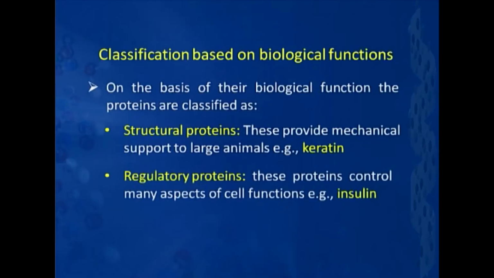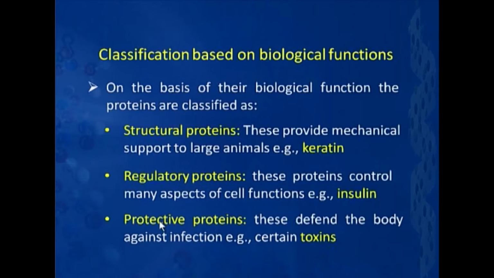The second class happens to be regulatory proteins. This again is a very important class here, because these proteins will control different aspects of cellular function. For example, insulin happens to be a hormone. So, insulin also is a protein which is acting as a hormone. So, that is a kind of regulatory protein, because hormones have a regulatory function to perform.